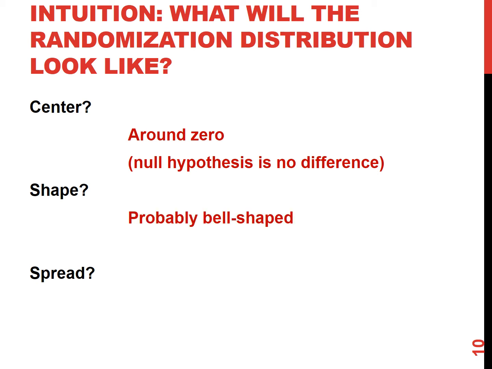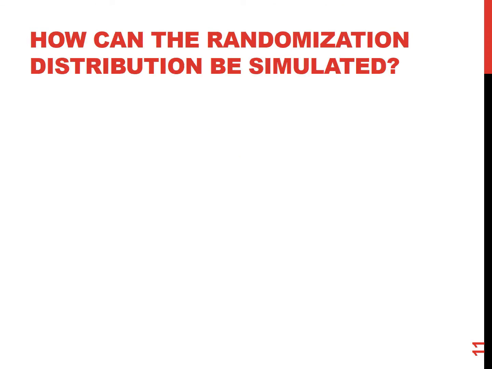The shape is probably going to be bell-shaped because randomization distributions, just like sampling distributions and bootstrap distributions, always tend to be bell-shaped unless the sample size is really small. The amount of spread in the randomization distribution is a little bit more difficult to guess, and that's why we are going to need to simulate the randomization distribution to see how much spread there is.